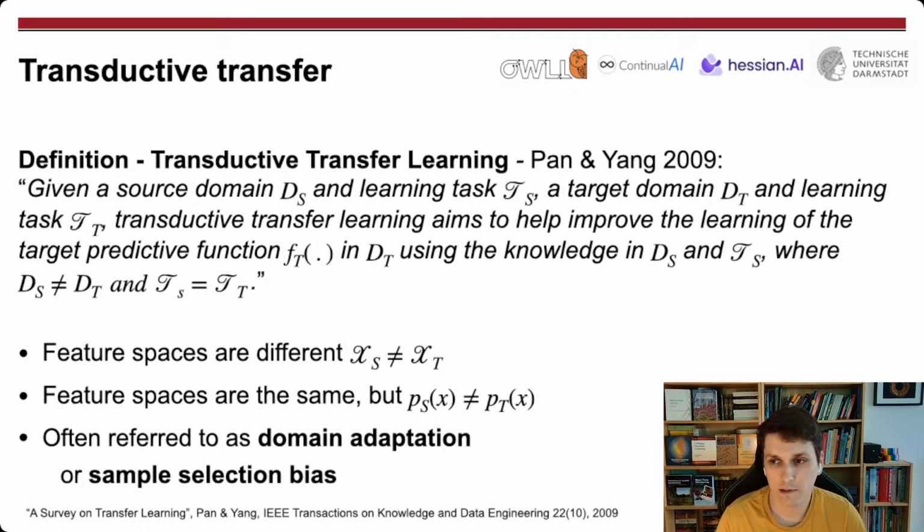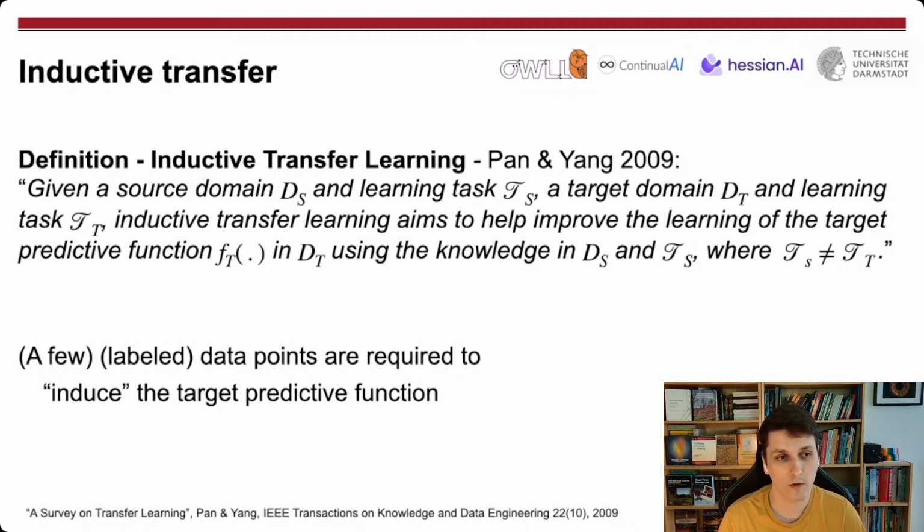But the quite crucial difference is in the last portion, where it still says that the D_S and the D_T, so the source and the target domain, are different, but the task remains the same. People often refer to this as domain adaptation or sometimes as sample selection bias. What this means is that the task remains the same, but the feature spaces are different, or the feature spaces are the same and the data distribution shifts.